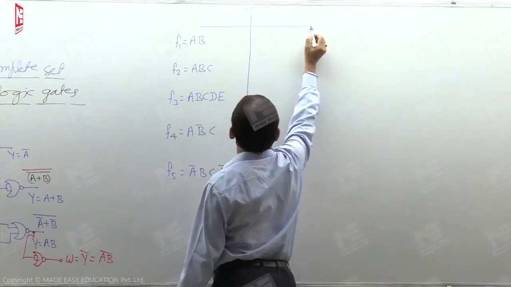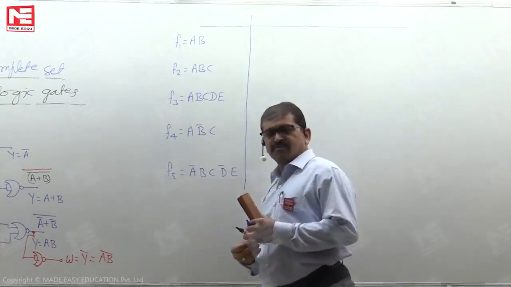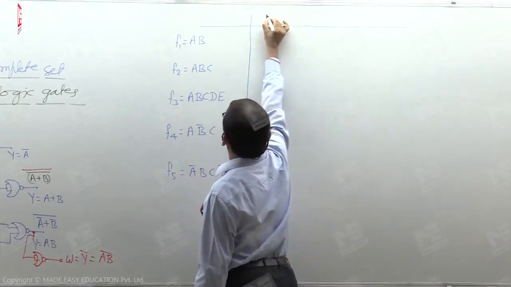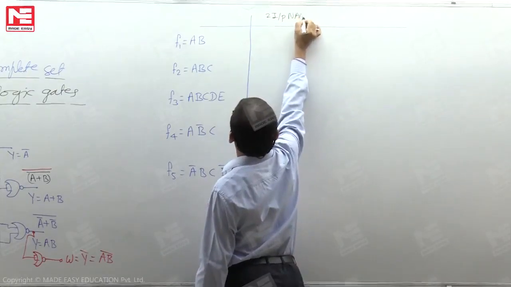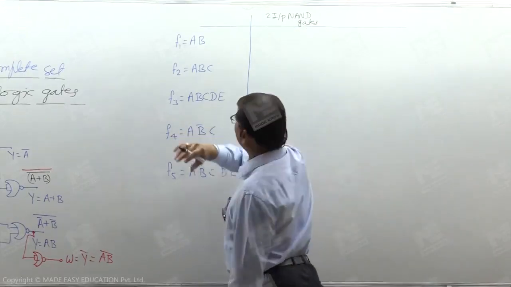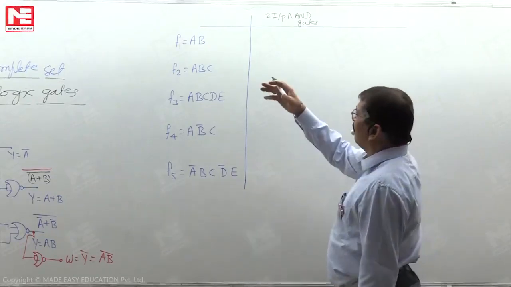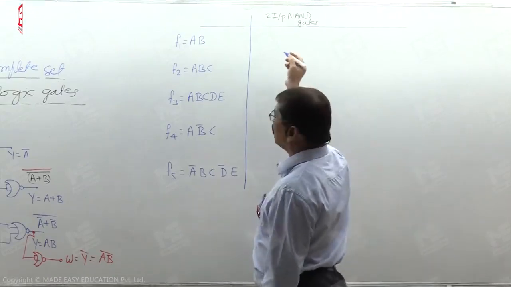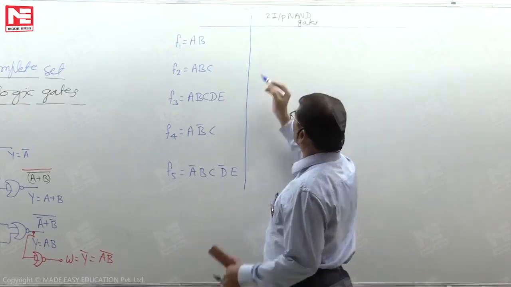For implementation of these products, all these are basically product terms. For implementation of these products, if at all we are looking with the minimum number of 2 input NAND gates, the implementation of the AND operation between A and B, the answer is 2.